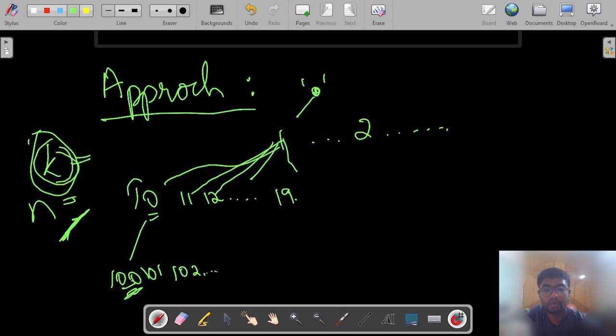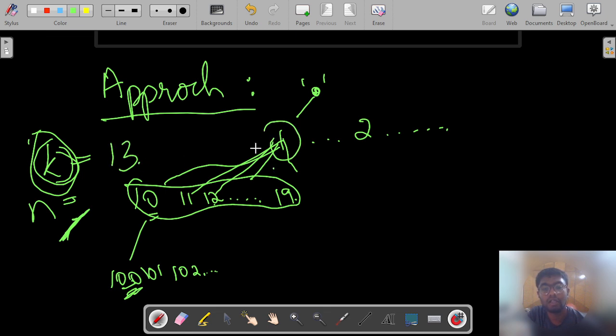For example, let's say we want to get a number in between, this will range from 10, 11, 12, 13, 14, 10 to 19, which would be 10 numbers, and this would be one number, so it would have 11. Let's say if it is 13, then it would be meaningful for us to figure out something around the first row only, while we can just simply skip this part of the computation in our DFS function.